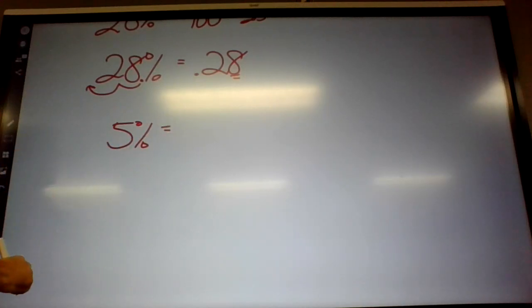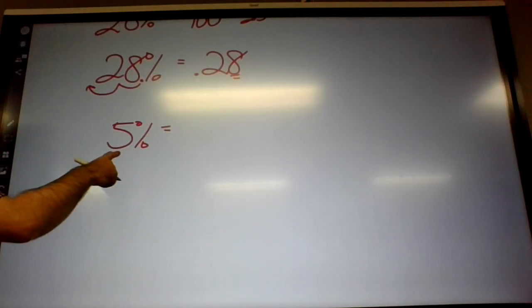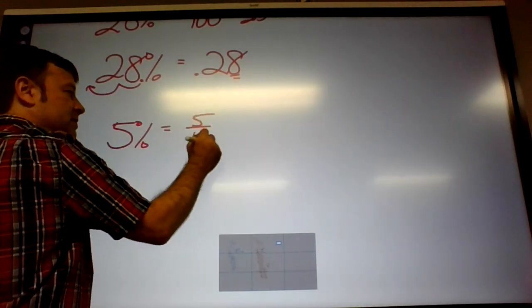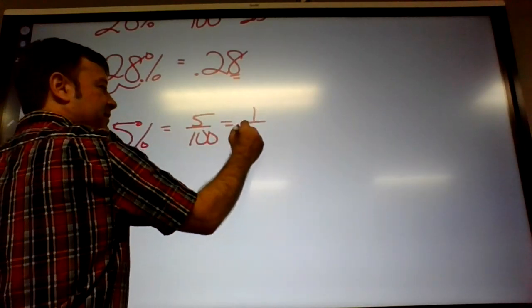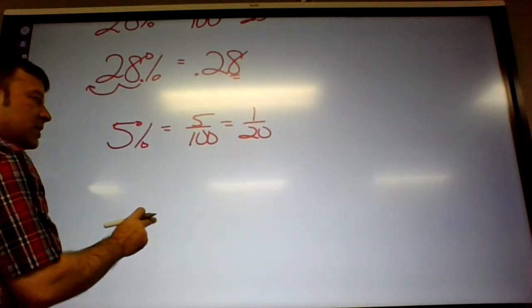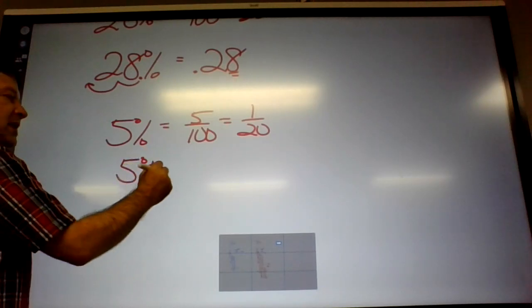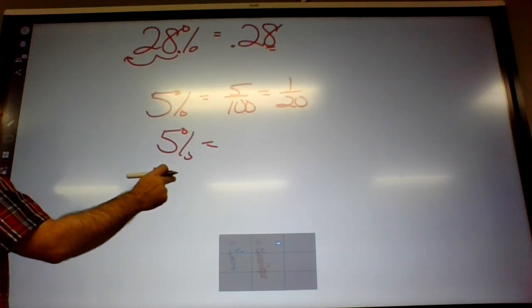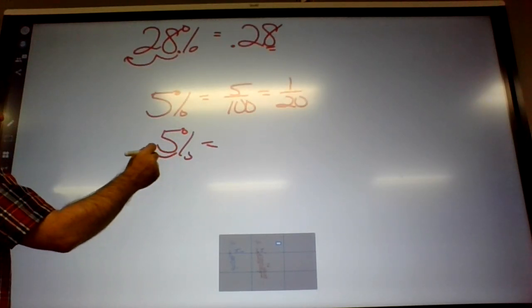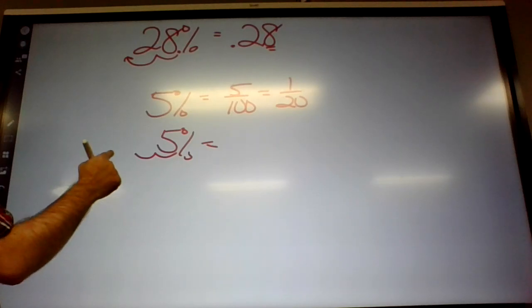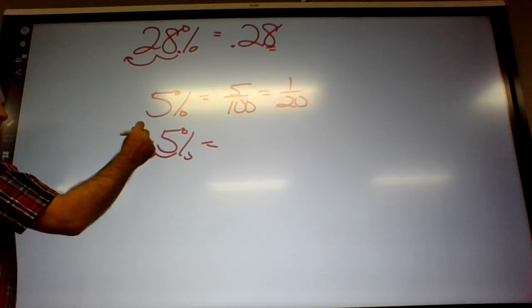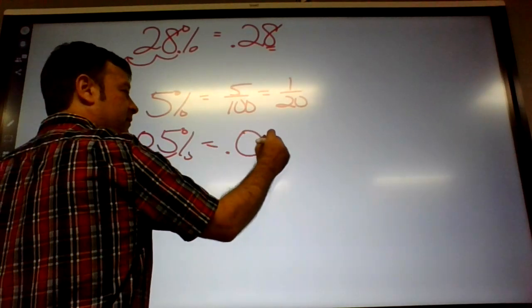What's this as a fraction? 5 over 100, which reduces if you divide by 5 to 1/20th. And what is this as a decimal? 0.05. Right, move it twice, there's a blank spot right there, so it's 0.05, not 0.5.